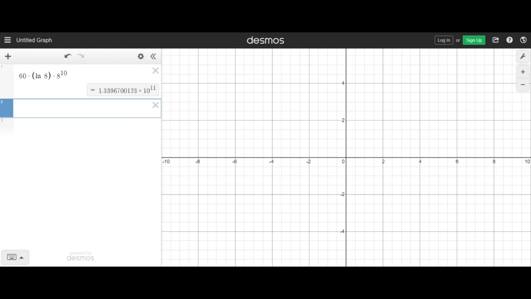That should be right, so double check. It's there, and so Desmos does it very nicely. If you use the TI-83 or 84 calculator, it uses the E notation for scientific notation, but Desmos is pretty good. All right, so that being said, let's go back to the problem here.